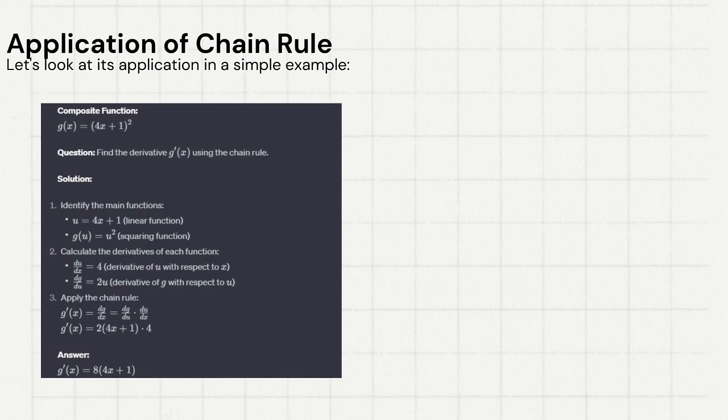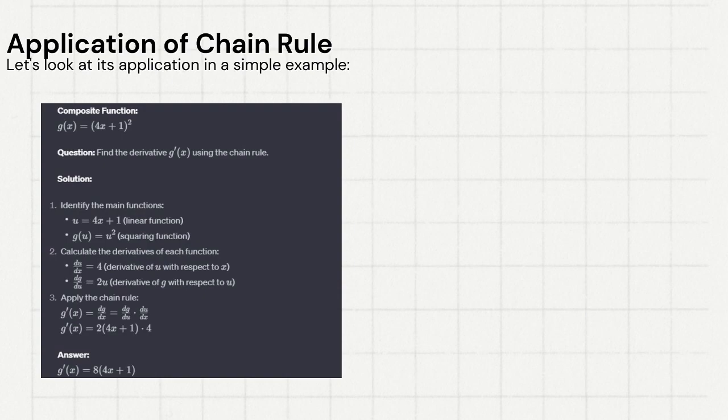The composite function is g(x) equals (4x plus 1) squared. The question is, find the derivative g'(x) using the chain rule. The solution is, 1. Identify the functions: u equals 4x plus 1 and g(u) equals u squared. Solution number 2 is calculate the derivative of each function. du/dx equals 4.